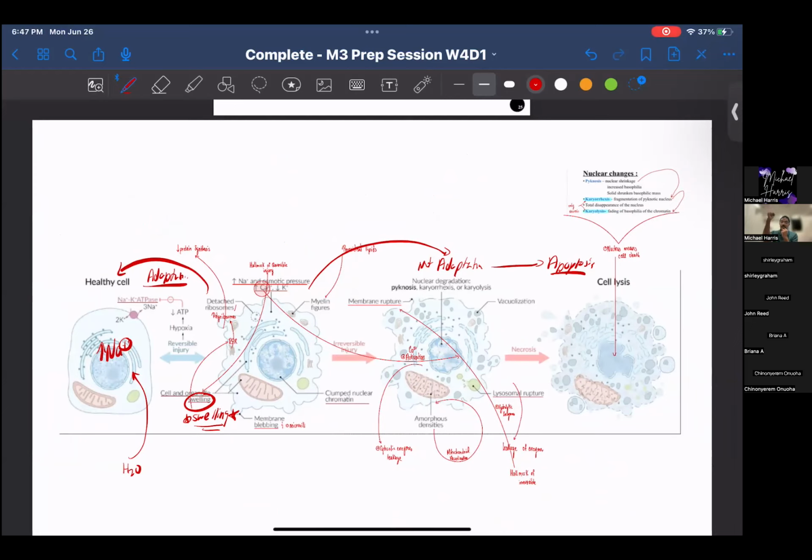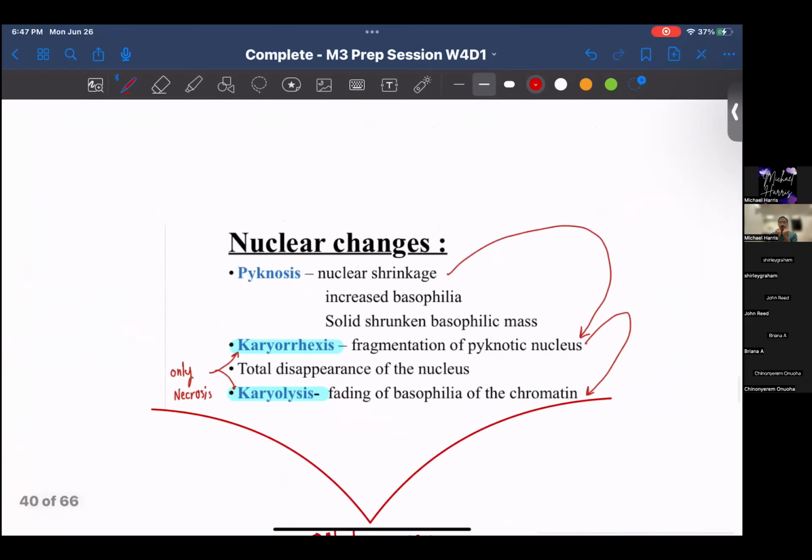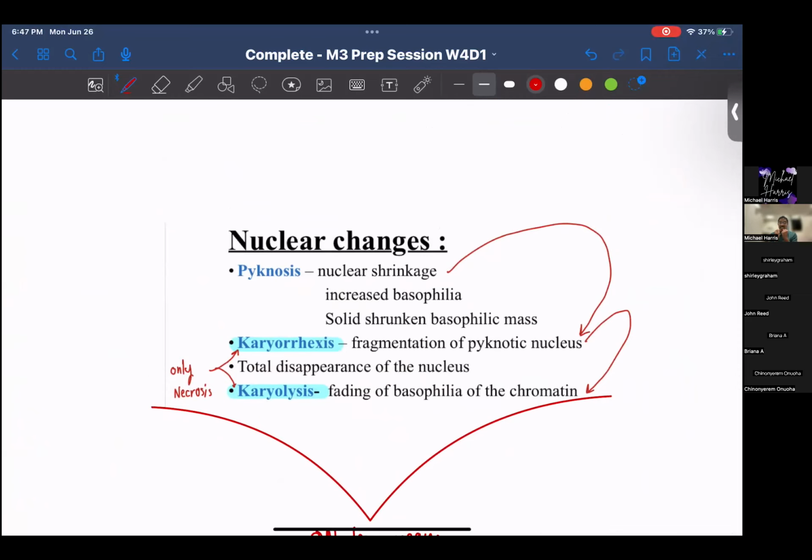Okay? If it does not adapt, it dies, and the general presentation of the nucleus has various stages that it undergoes while it's dying. The nucleus first shrinks. A good way I remember this is the cell swells, but the nucleus will shrink.